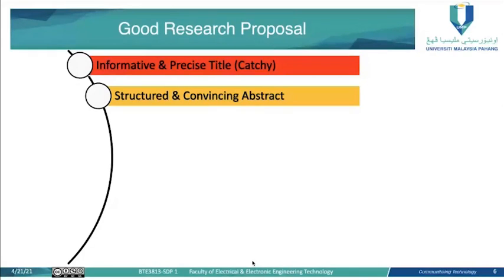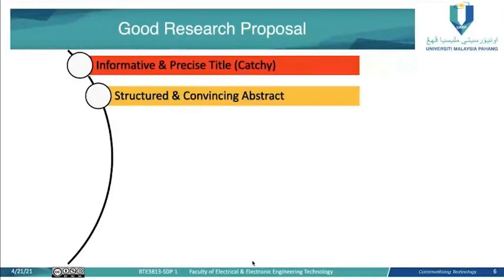So if the abstract is structured, you can know where the problem is that the paper is going to solve, what the objective is, what the proposed work is, what methodology they use, what the result is, what the outcome of this paper or this thesis is. So this we call a structured abstract, because inside the abstract you can find all the elements of your thesis or your proposal.